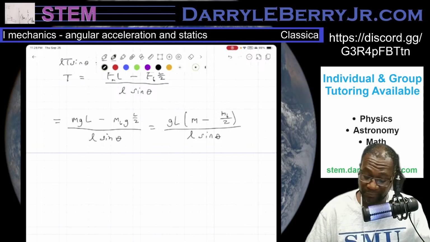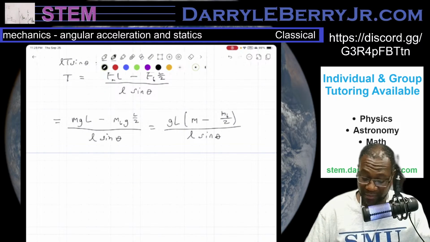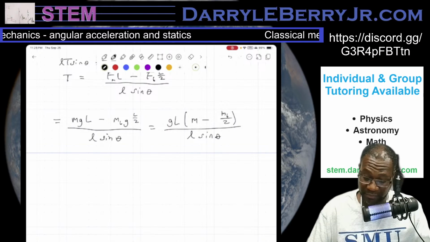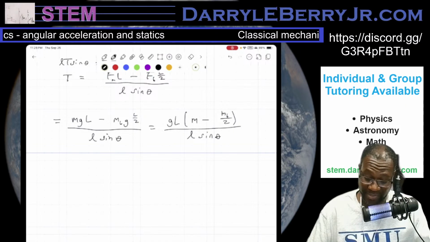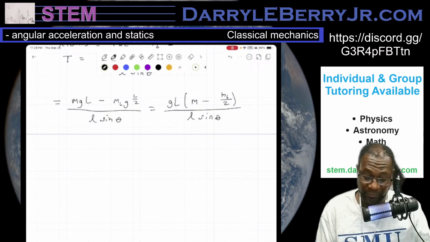All right, that looks right. So we still have a force times a distance, that'll give us torque. M g L, torque divided by our distance will give us newtons again. So we're still looking good.